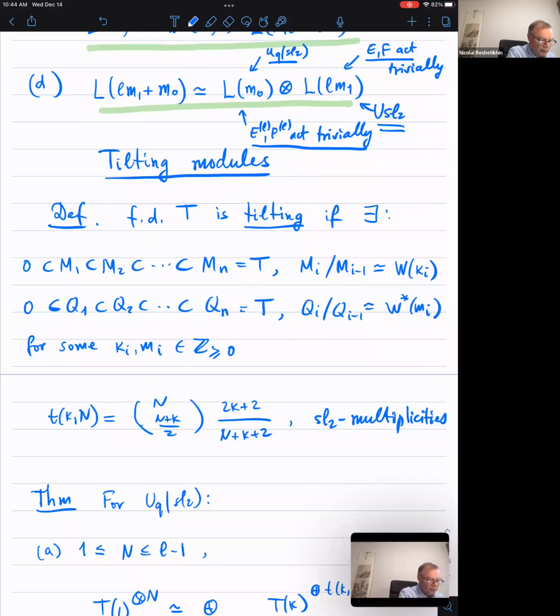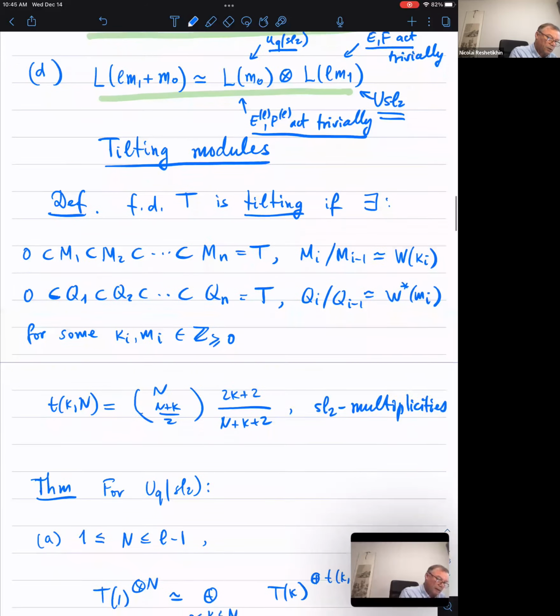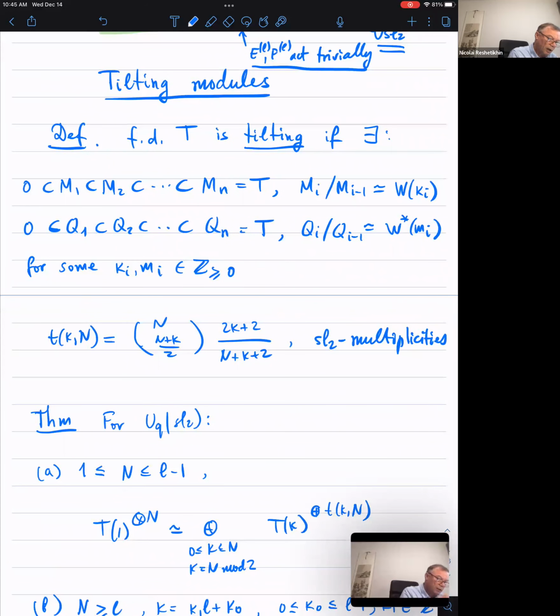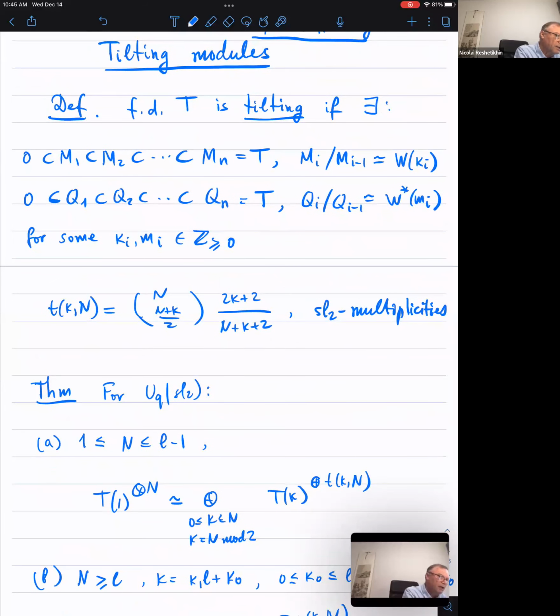It's a big theory in representation theory of algebras, a theory of tilting modules, and it turned out to be extremely useful for quantized universal enveloping algebras at roots of unity. So this is a formal definition. I will not review the whole theory of tilting modules. What we need is just some simple facts tailored to quantized SL2.